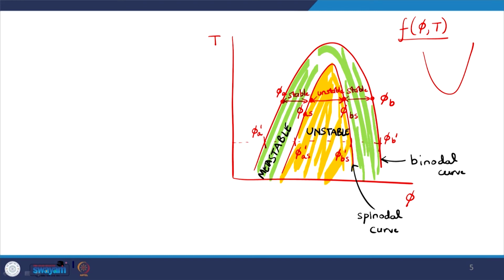Now you may notice that as the temperature increases, at the peak of this we have a condition where both binodal and spinodal curves match, and that particular point is referred to as the critical point. So, when temperature becomes Tc, we have first of all a single volume fraction, and secondly at that single volume fraction value the binodal and spinodals are both matching.